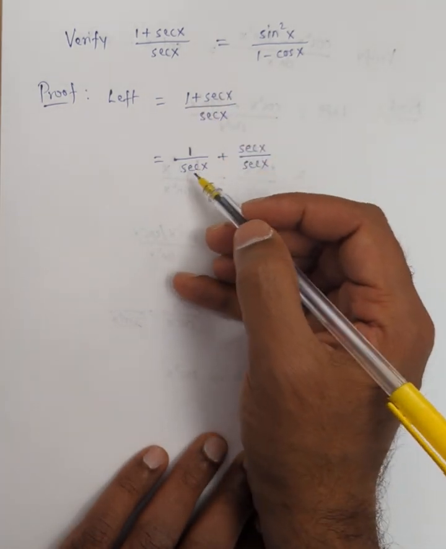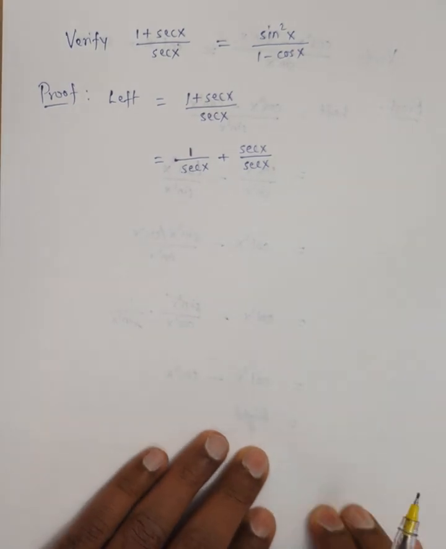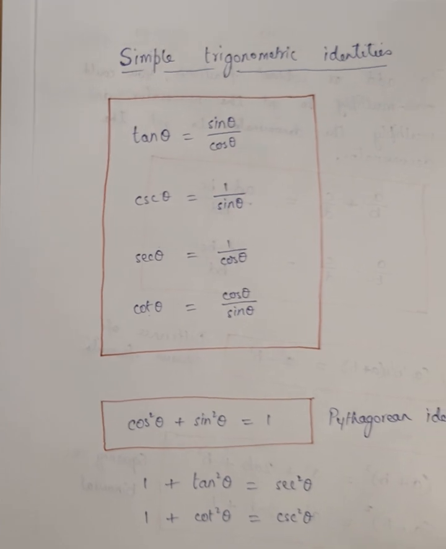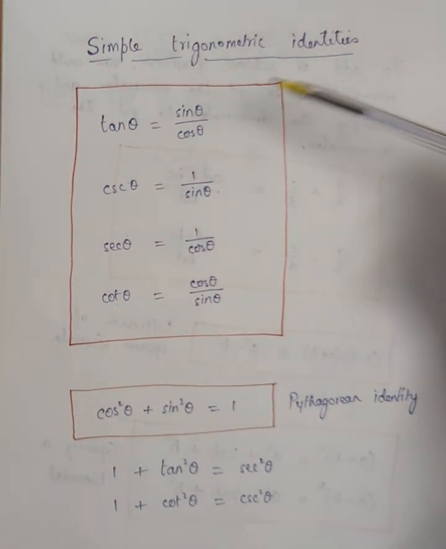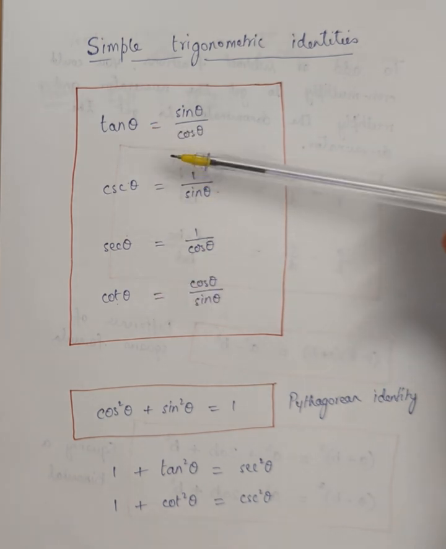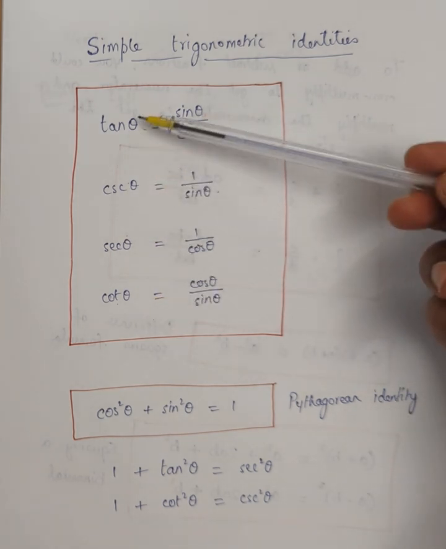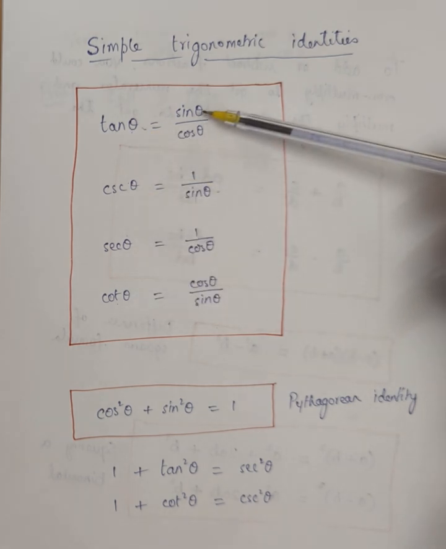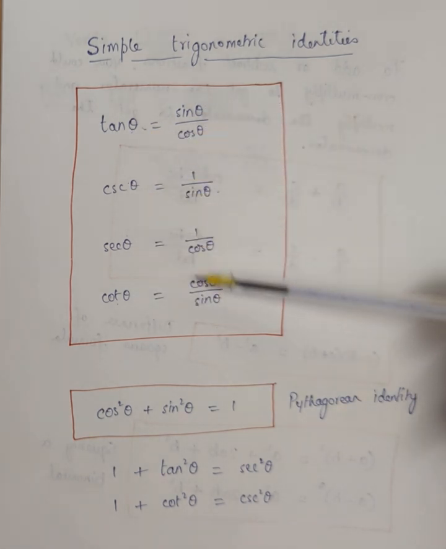Now 1 over secant x, what I'm assuming, or before we try to prove any identities, we want to remind ourselves of some simple trigonometric identities. In this box, you're going to see these four identities, which say that all the other trig ratios can be expressed in terms of just sines and cosines.